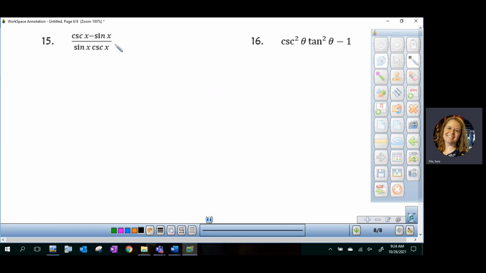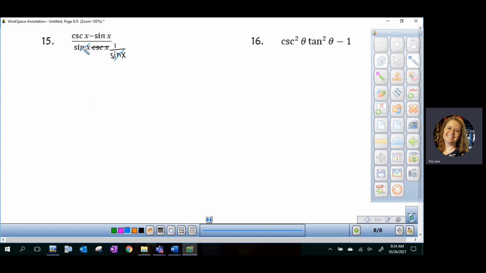Those are reciprocals of each other. So you may or may not need to write this out, but if you replace cosecant with 1 over sine, what happens here? Yeah, those reduce. That's just a 1 now. So it's not a fraction anymore. Do y'all see that?